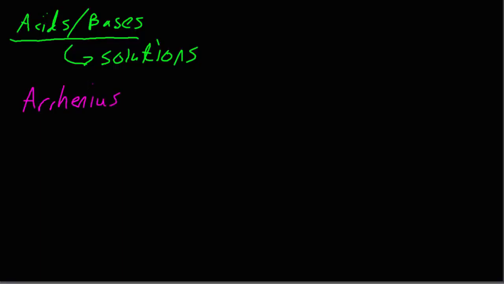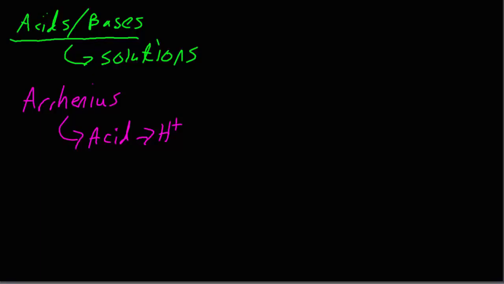In this Arrhenius definition, an acid is defined as something that produces H plus ions when it is dissolved in water or when it is in a solution.